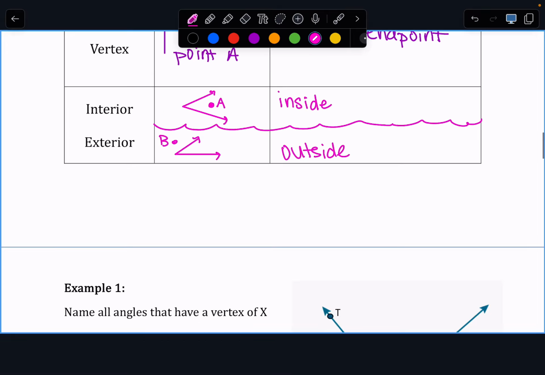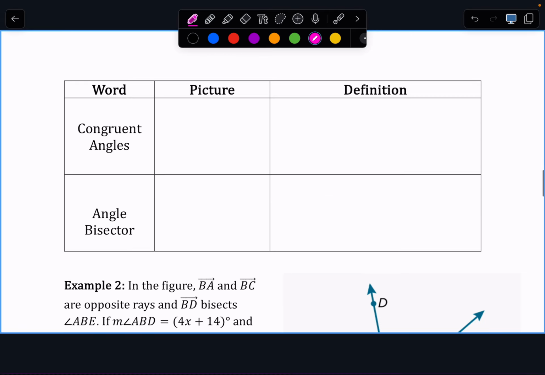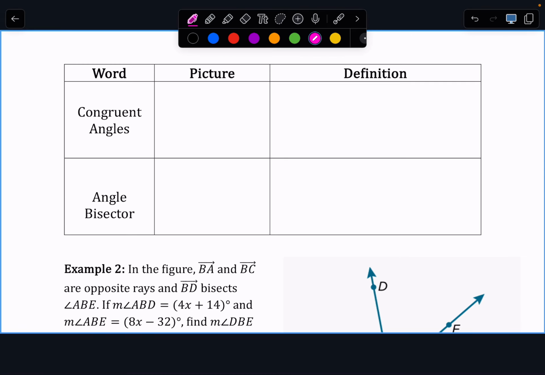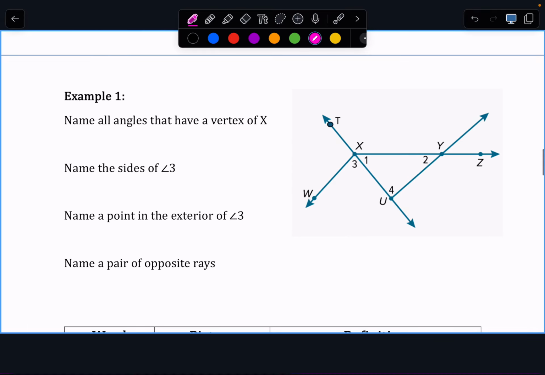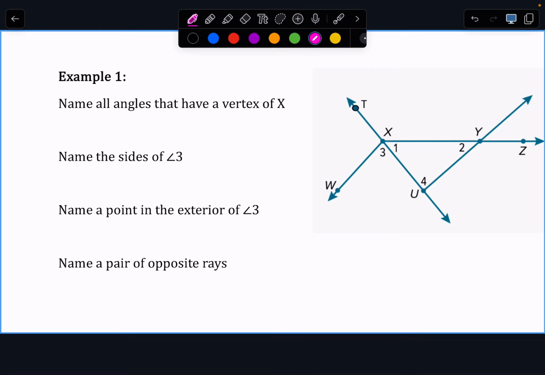Okay, next page. Okay. Here we go. Vertex X, where is it? Right here.